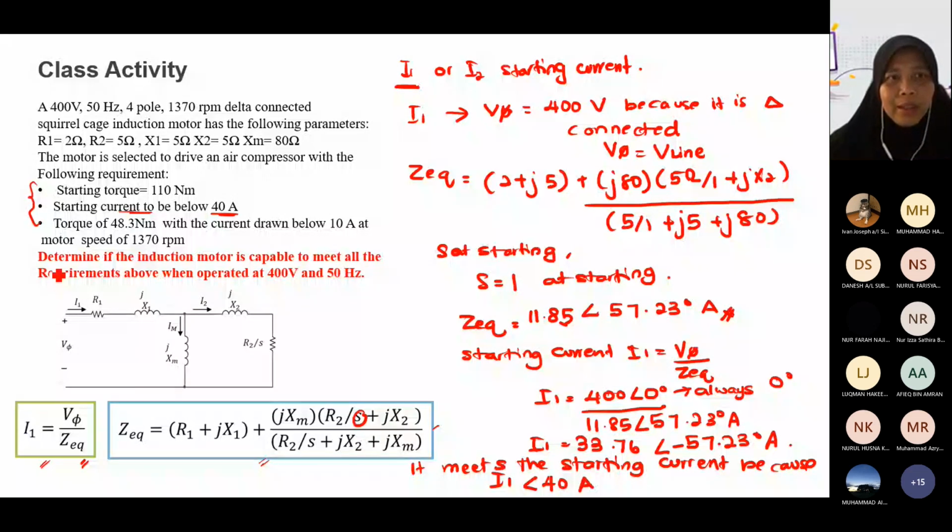Are you okay up to here? We only apply the formulas that are given for the induction motor. First, in the previous calculation, we had the formula for the torque. In this calculation, we have the formula for the Z equivalent and also the formula for the starting current. Okay? Can we proceed?